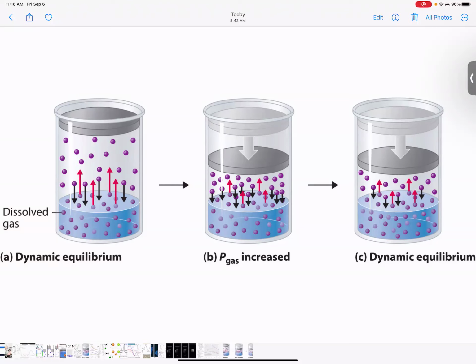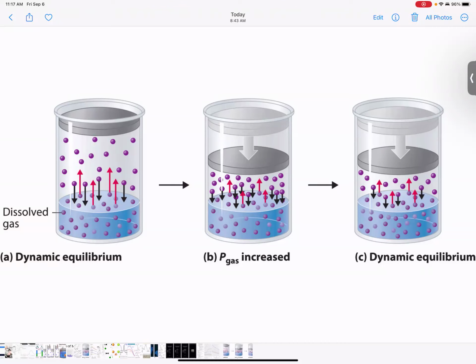But after you have gotten this, yes, you'll have more gas in the liquid level, but at some point, again, you're going to reach a dynamic equilibrium where the amount of gas going into the liquid does not change, and the amount of gas coming out of the liquid does not change. That's what we mean by dynamic equilibrium: the amount of gas appears to be the same constantly.